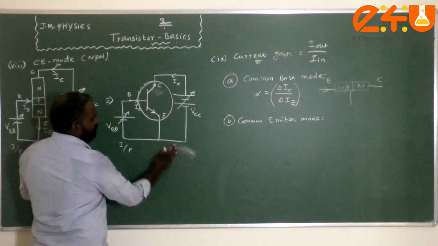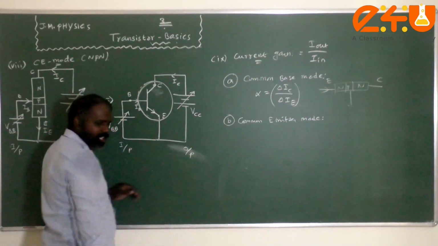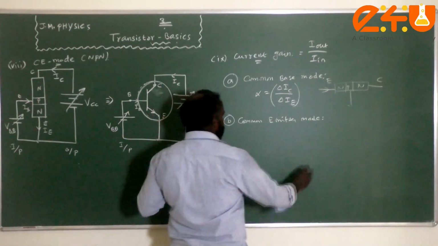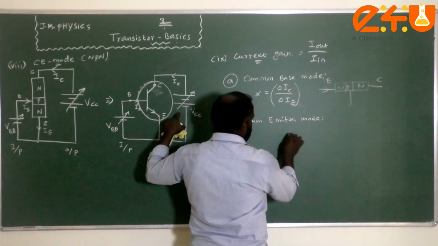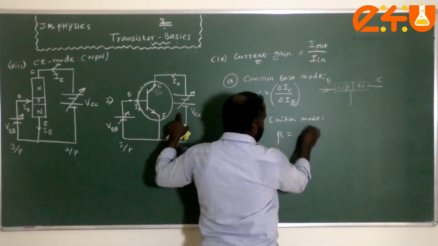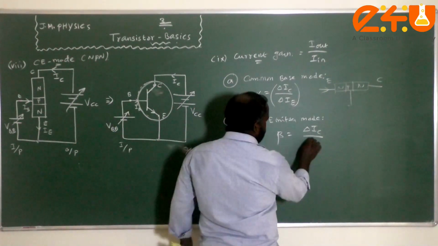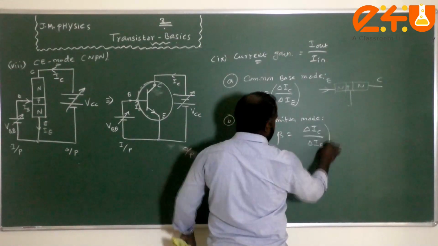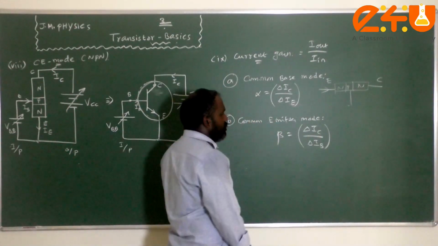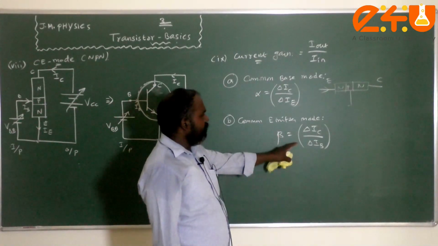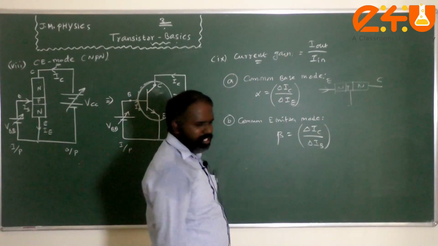Considering that, the output current is delta IC divided by the input current, delta IB. So beta is equal to delta IC divided by delta IB. This is the current gain formula in case of CE mode. This is true whether it is an NPN or PNP transistor.